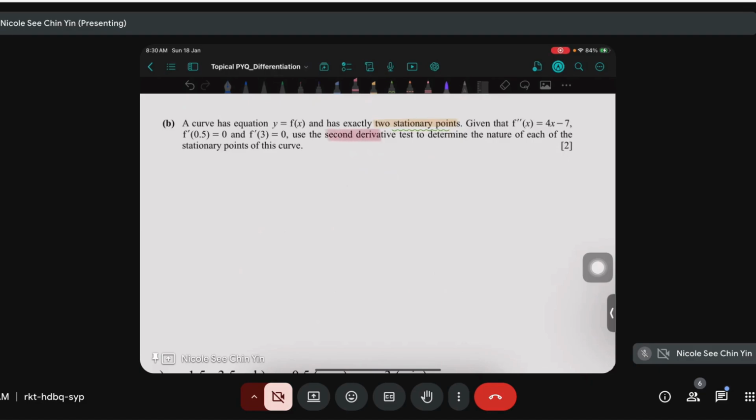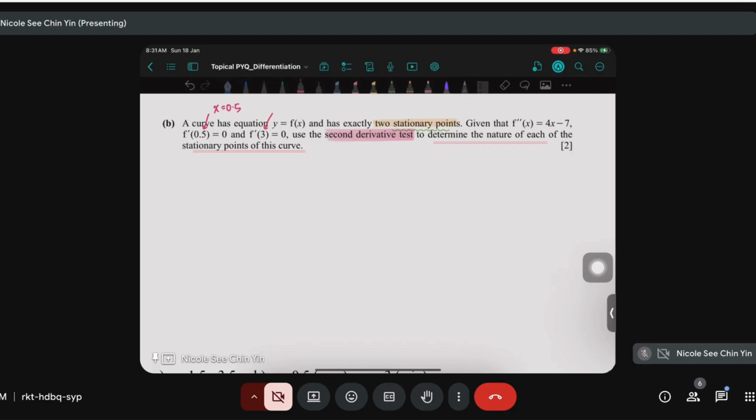Now, the next part, highlight the keywords. Use the second derivative test to determine the natures of each stationary point. So basically what you need to do is, from your first derivative, they already tell you f prime 0.5 equals 0. That means x equals 0.5 is one of your stationary points.